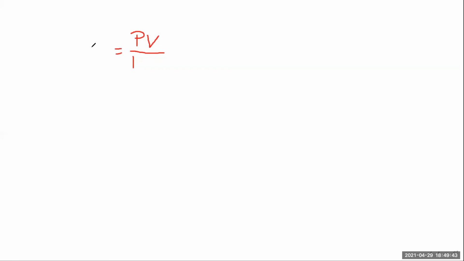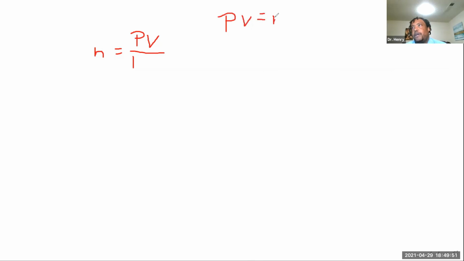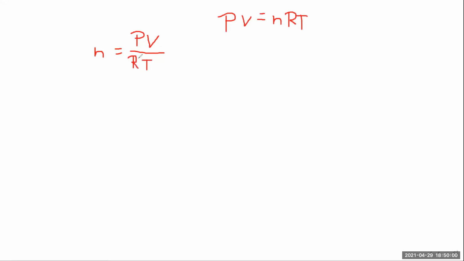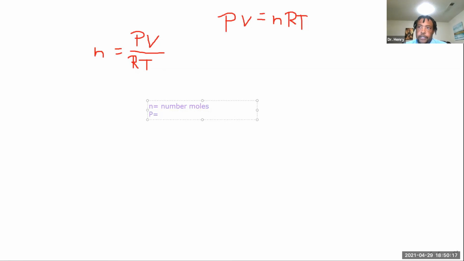So we're going to use the ideal gas law, PV equals nRT, and we're going to solve for n. n represents the number of moles. P equals pressure.